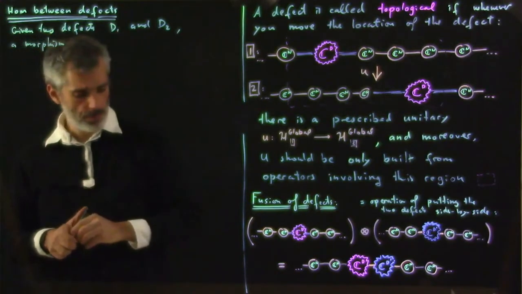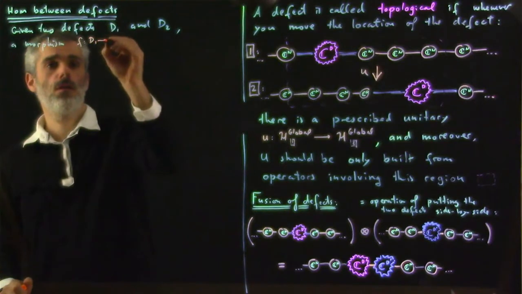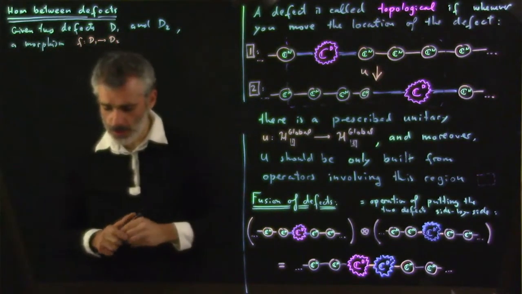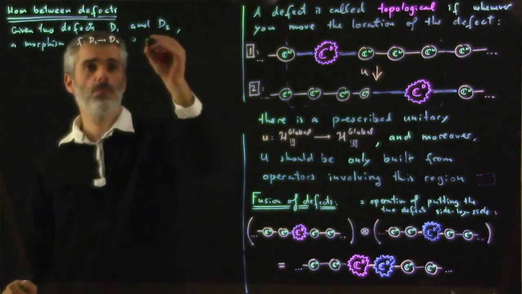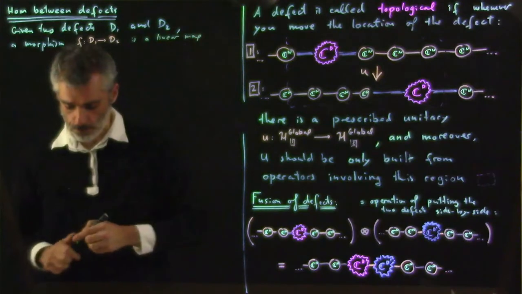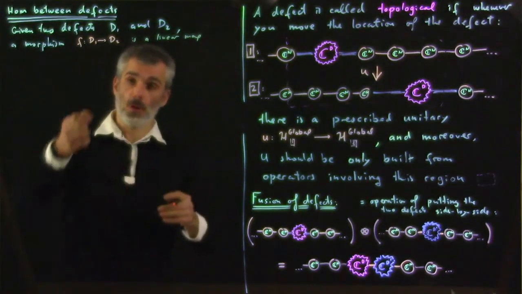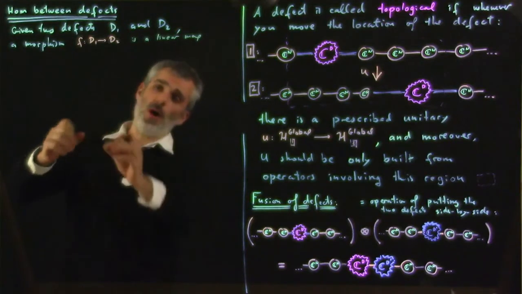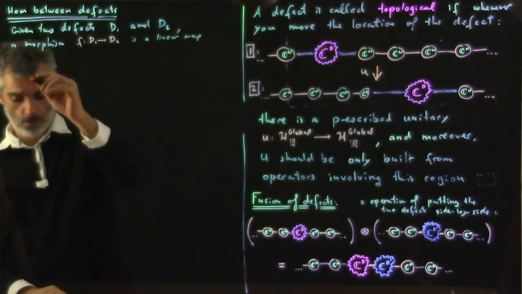The morphism, let's say F, from D1 to D2 is a linear map which goes from the global Hilbert space where you put D1 to the global Hilbert space where you put D2. And let's call it again F.